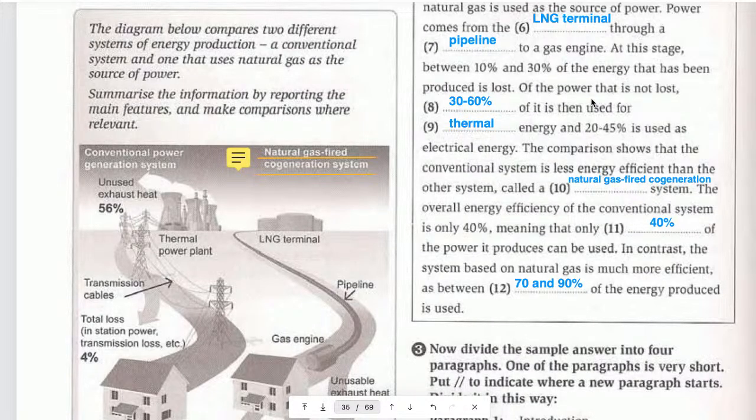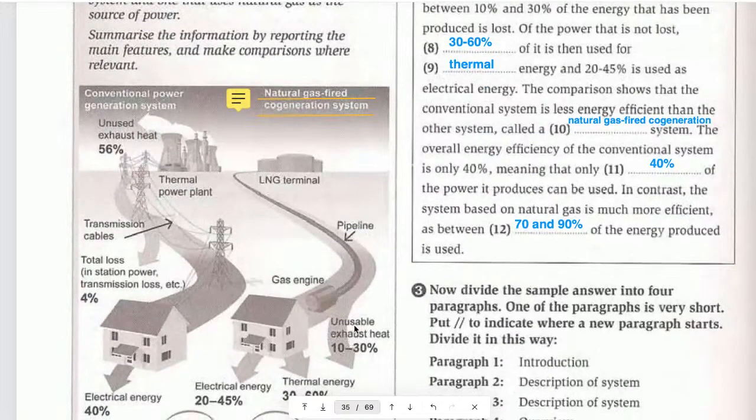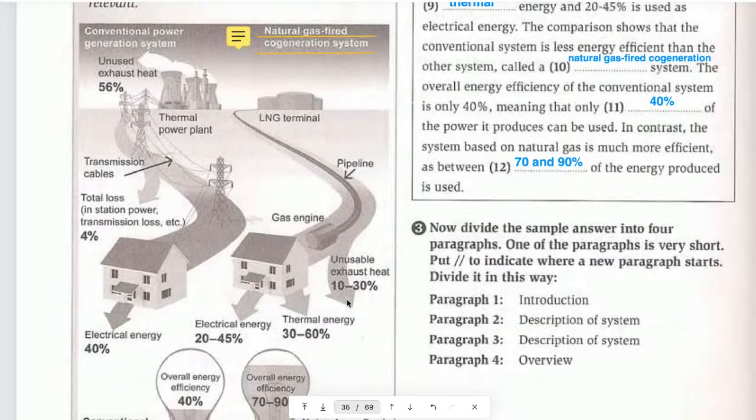So how many percent is lost at the gas engine stage? 10 to 30%. For example, if the percentage lost is 30%, how many percent do you still have left? You still have 70 to 90%, right? If we lose 30%, you still have 70% left.